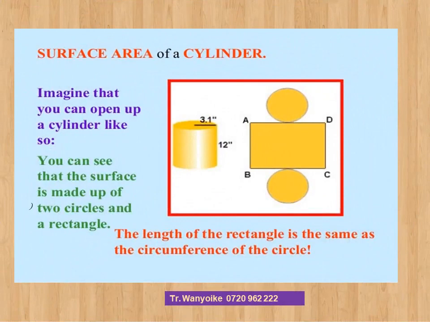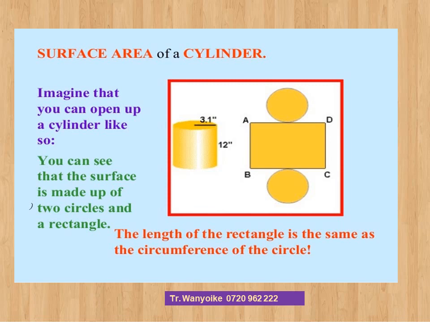Let us look at the surface area of a cylinder. A cylinder, I'm sure you have come across it, even when you're in primary school. Most of the tins that once had packed foodstuffs or canned food like roasted beans or maybe pineapple are cylindrical tins.